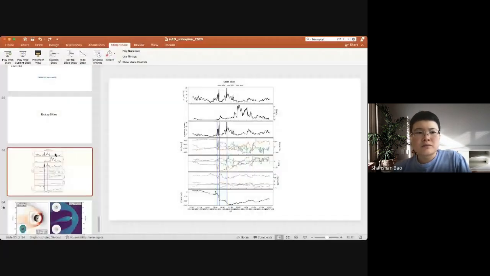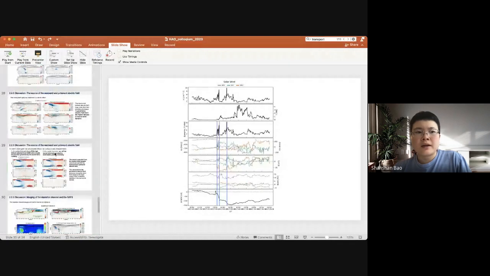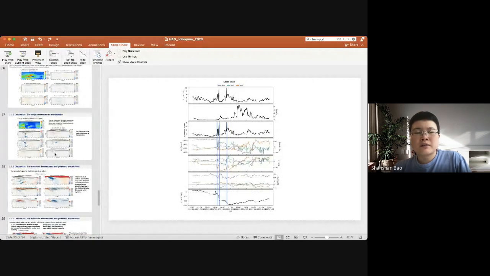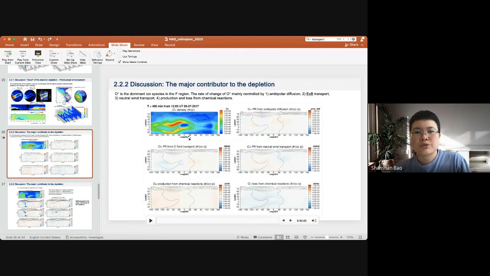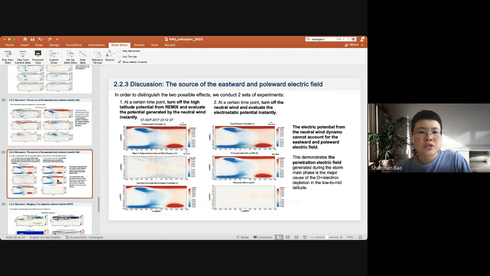I can imagine that for some ideal solar wind driving, you can always have undershielding conditions, so you will have penetration electric field causing this pre-reversal enhancement to generate at that location.